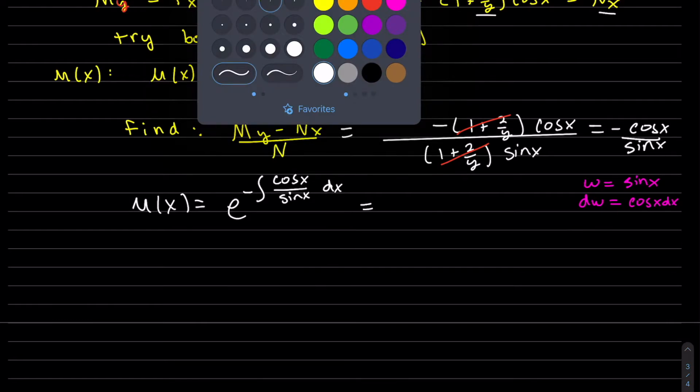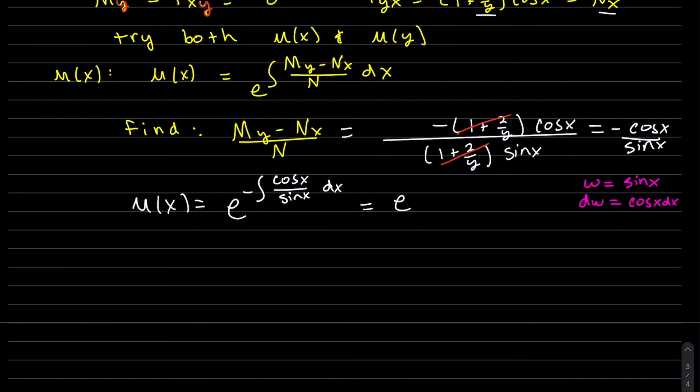So which is e to the minus integral, sine of x is on the bottom. Is our w. Cosine of x dx is our dw.